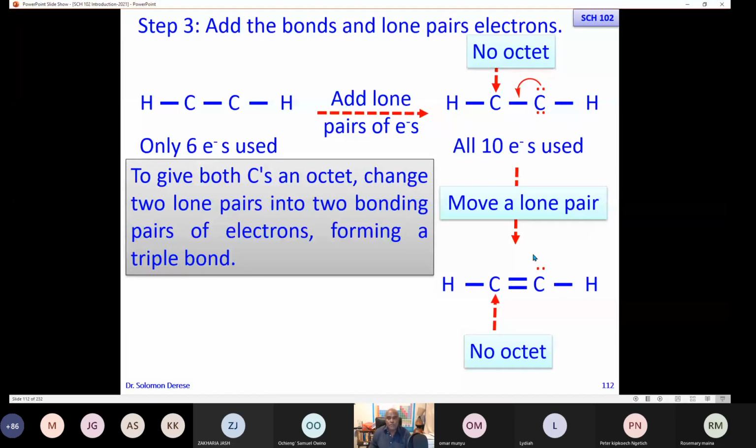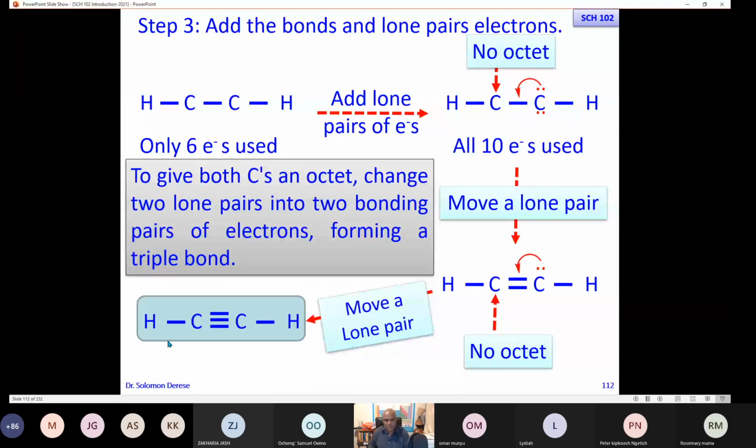We can use it to form another bond, a triple bond, like that. Then this is a valid Lewis structure for acetylene, C2H2. As you can see, between the two carbons we have a triple bond, 3 bonds, and then 1 bond with each hydrogen. So as a result, each of them has formed 4 bonds, and as a result of those 4 bonds, we have 8 electrons on each of them.